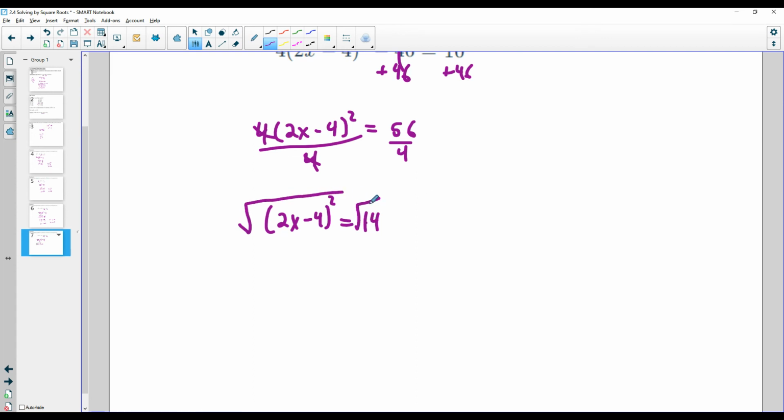Now that we have it by itself, whenever we take a square root, we need to add plus or minus. So now all that's left, the square root and this square cancel out, and we're just left with 2x minus 4 equals plus or minus the square root of 14. I'm going to add 4 over.